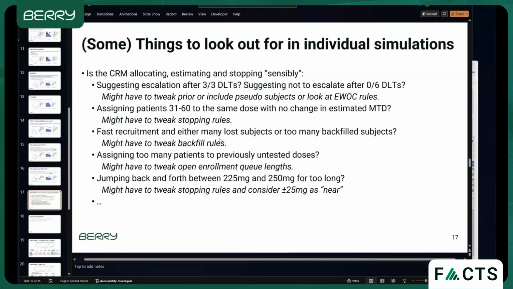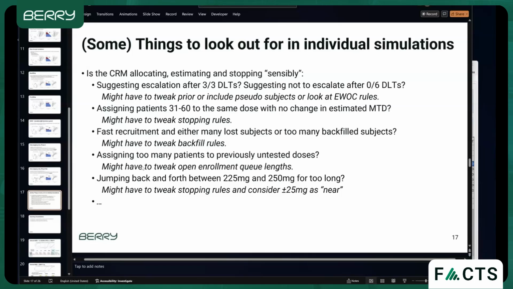What if you have simulated fast recruitment, and then you have lots of lost subjects? And by lost subjects, I mean subjects that we can't treat at any of the dose levels. Or we have way too many backfilled subjects, potentially at doses that are sub-therapeutic. Well, if you see this in your simulations, then you know you need to tweak the backfill rules.